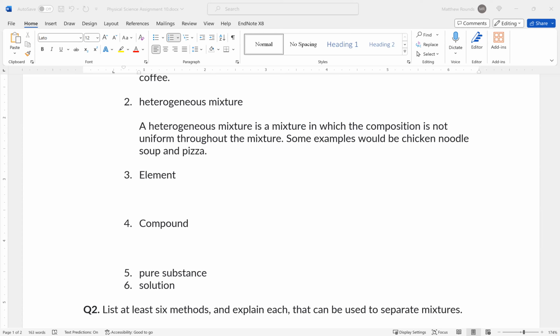Good. Let's give an example of that. You just get your favorite element.